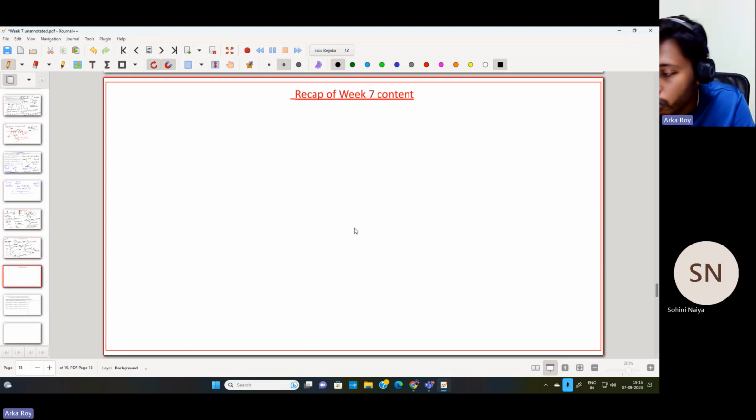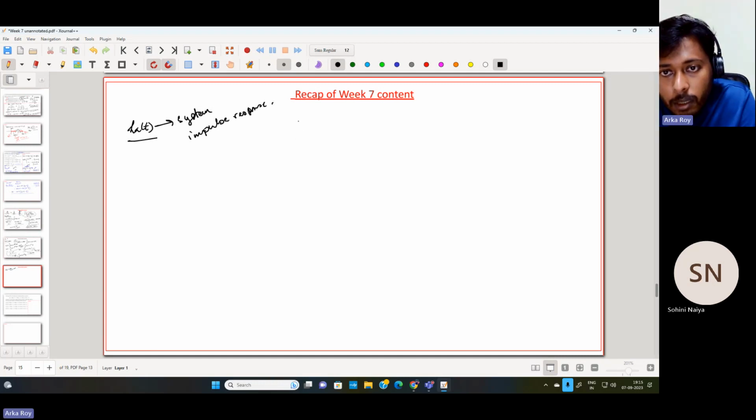Okay. So after that, the stability is also another crucial point. So if h(t) is a system impulse response, and if I have to ensure the stability, stability will be defined like this: the integral of |h(t)| dt should yield some finite value which is less than infinity.